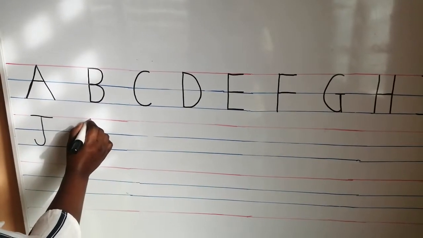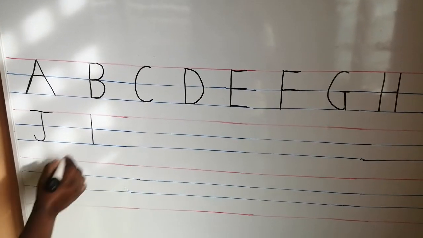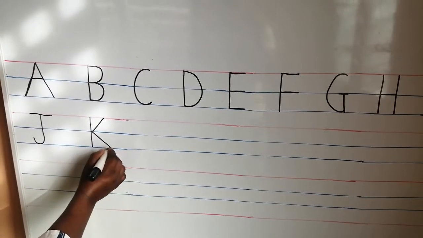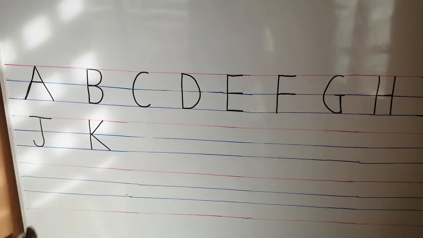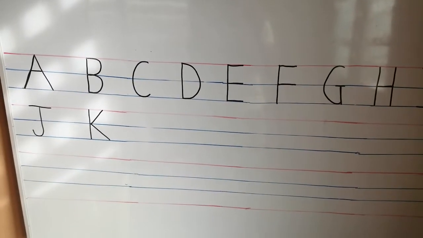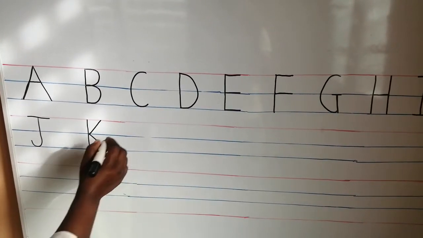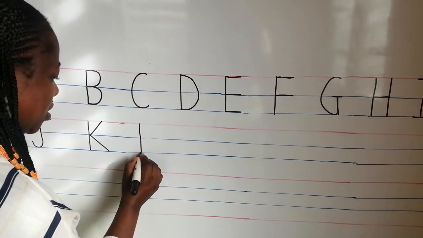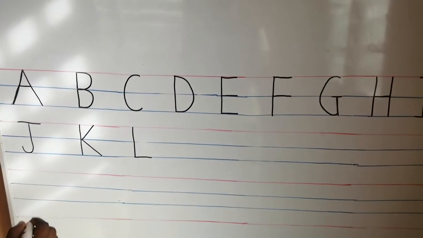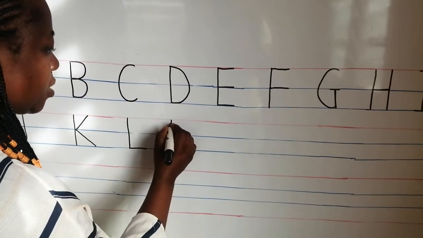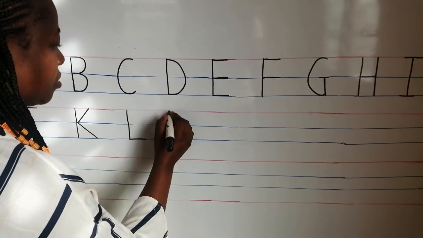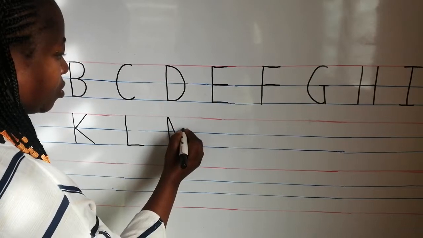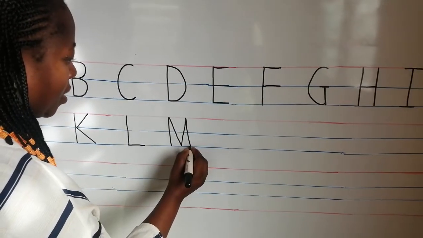Now our K, a stroke down, then slant in and slant down, or flick in and flick out. Now L, a stroke and a sleeping line. Now M is a stroke down, slant to the right, slant to the top and down.